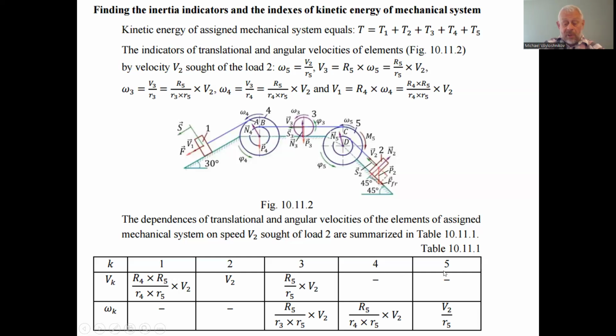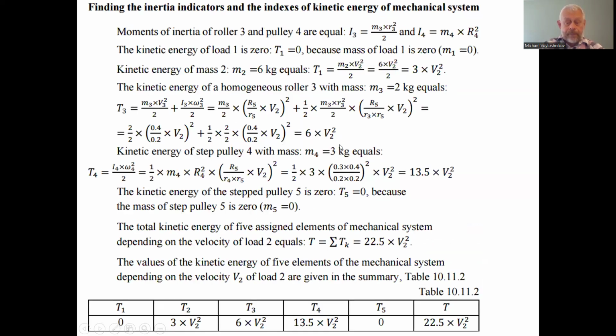For the pulleys 4 and 5, we do not have translational velocities as they have a fixed location of the axis of rotation. As for angular velocities, the first and second loads do not rotate, so we do not have angular velocities for them, and we have them only for the pulleys and for the roller number 3. It moves and rotates, and the pulleys only rotate.